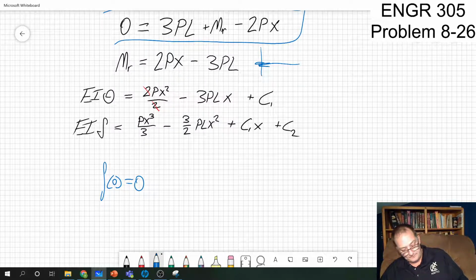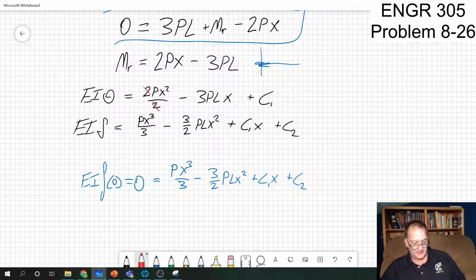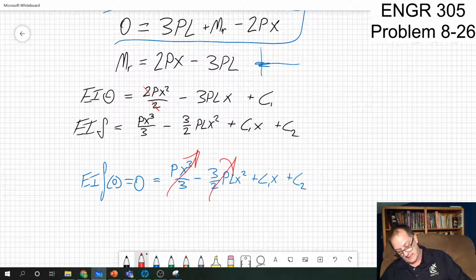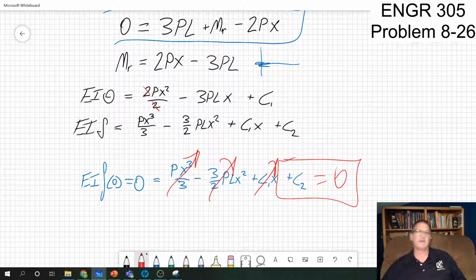So if I look at this equation for EI delta, I can just write it: Px cubed over 3 minus 3 halves PLx squared plus C1x plus C2. Now, let's eliminate all the terms that have an x equal to 0 because they go away. That one's gone, that one's gone. Oh, look, the only thing left is C2 equal to 0. Got rid of everything. Isn't that a beautiful thing?